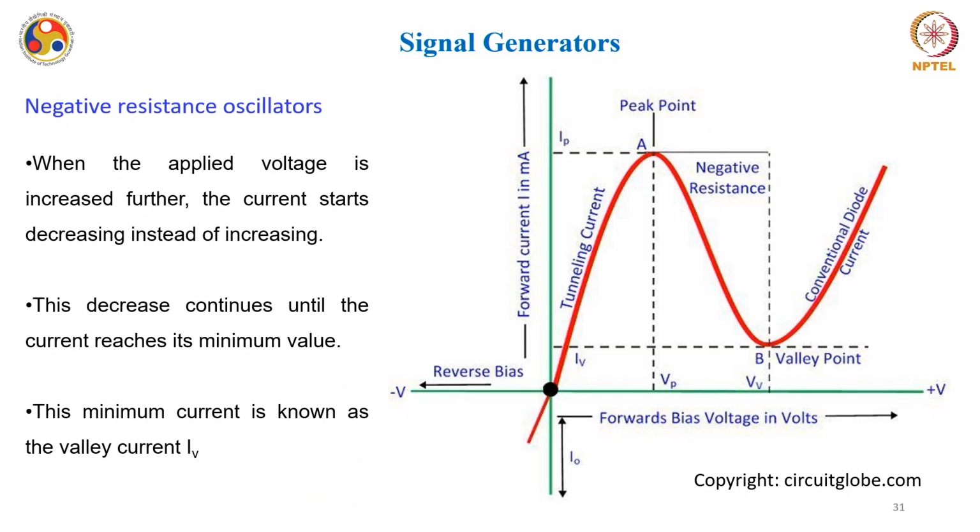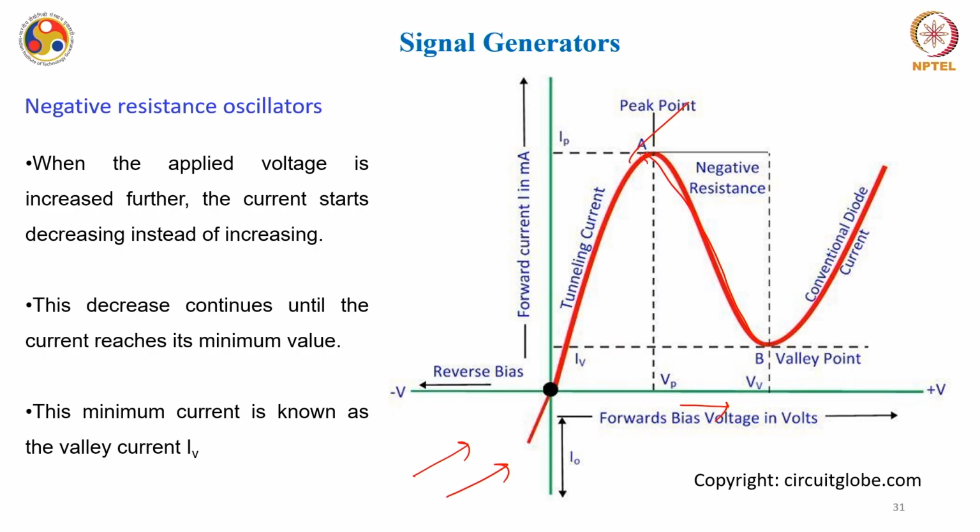When the applied voltage is increased further, the current, in place of increasing, starts decreasing. Ideally, we have seen in Ohm's law also, when you start increasing the voltage, the current increases. Here, you are still increasing the forward bias voltage, but the current is decreasing.